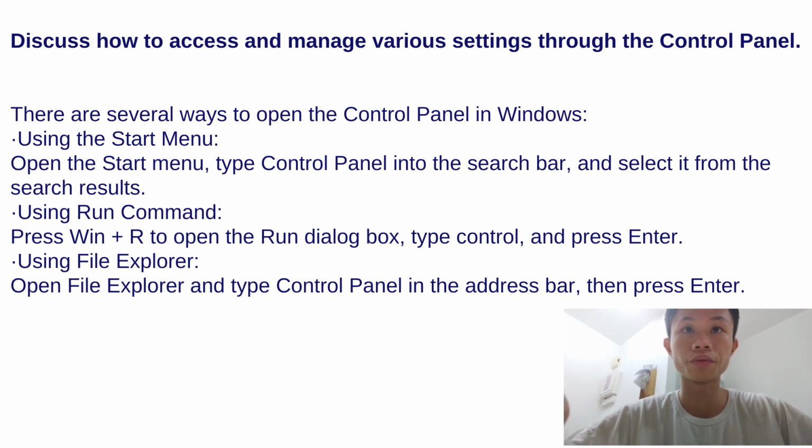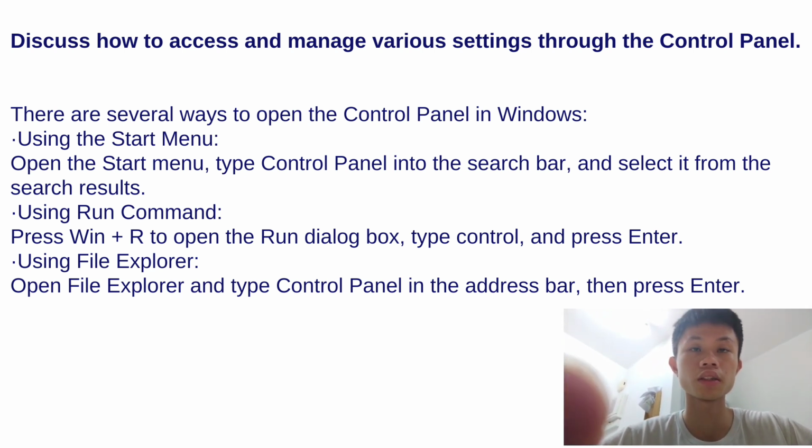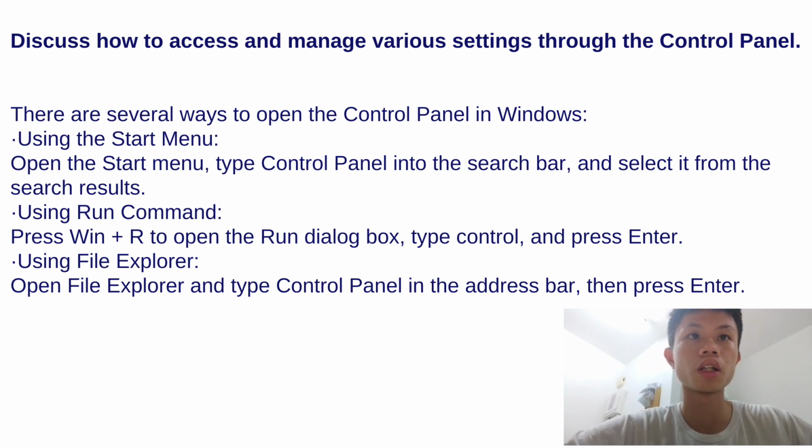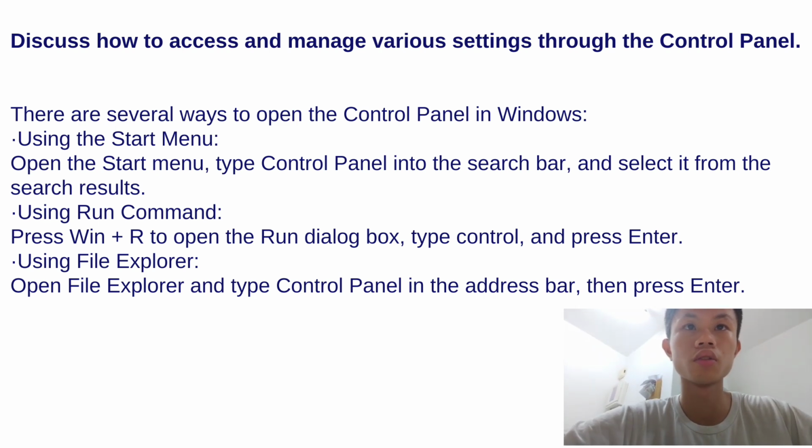So for the next part, discuss how to access and manage various settings through the control panel. There are several ways to open the control panel in Windows. Using the Start menu, open the Start menu, type control panel into the search bar and select it from the search results.